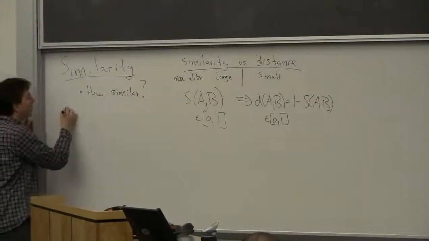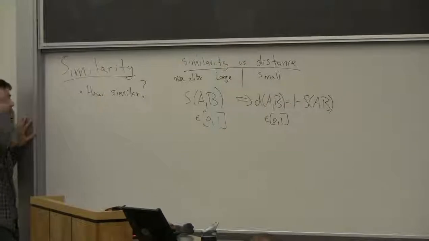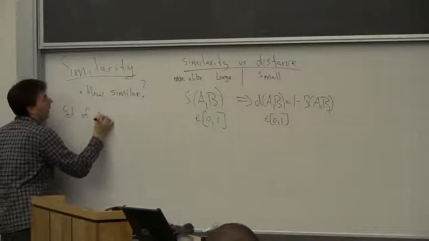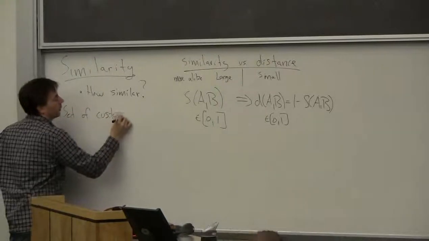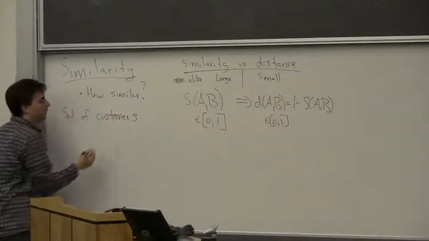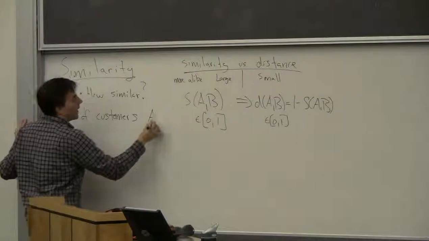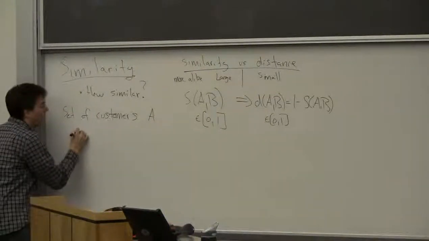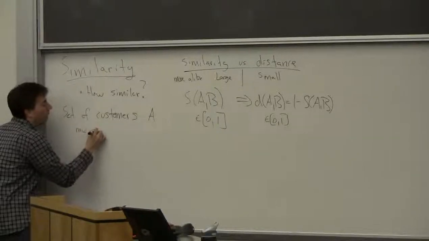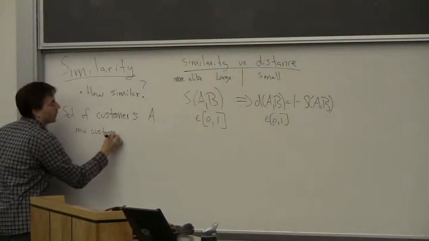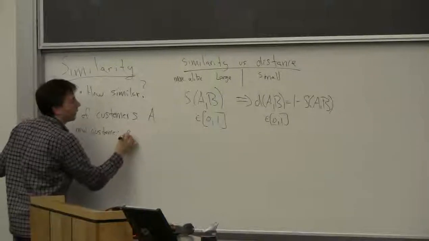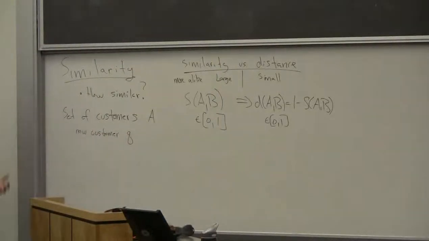But for instance, if you have a set of customers, let's call this set A, and then if you have a new customer, we'll call this new customer Q. So this is like a query.